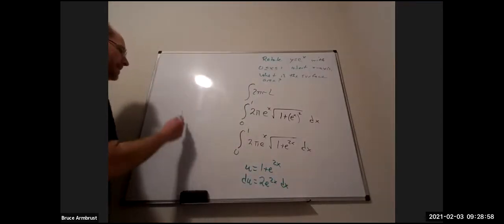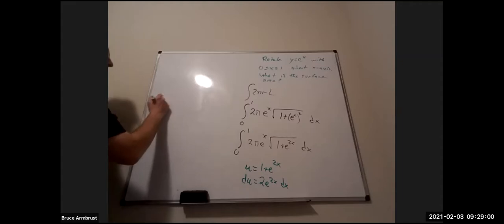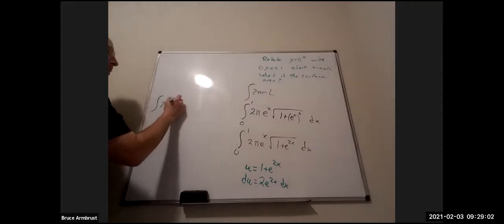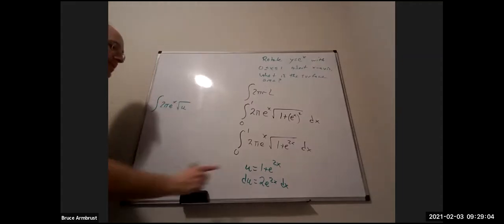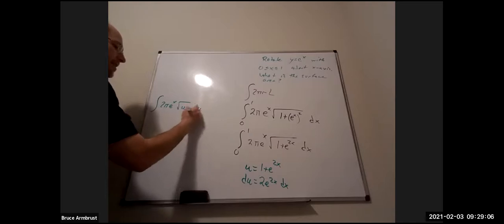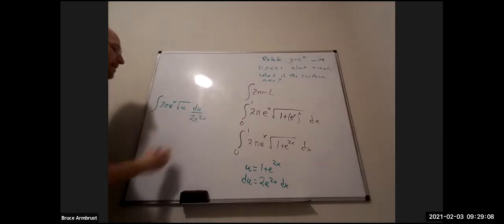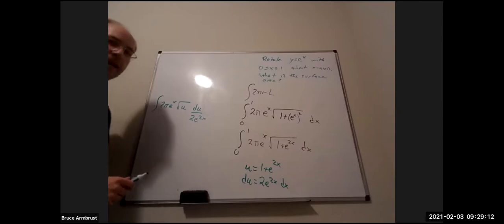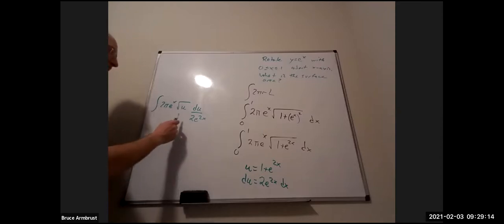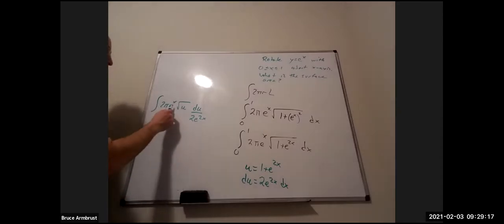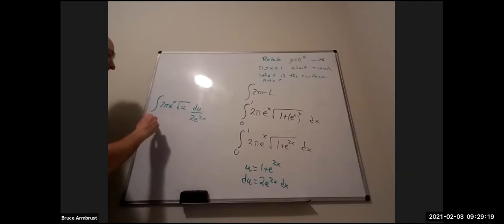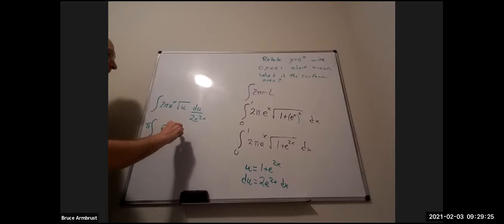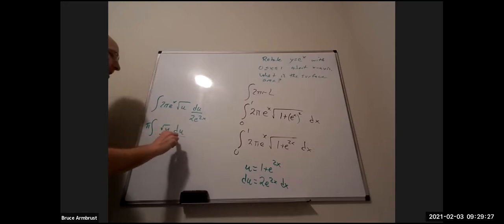So if we start replacing stuff, we have the square root of u. The dx is a du over 2 e to the 2x. Oh, I lied. I don't think we're going to be able to do this one. So one of the e to the x's cancels, so does a 2. So we have pi times the square root of u du over e to the x.